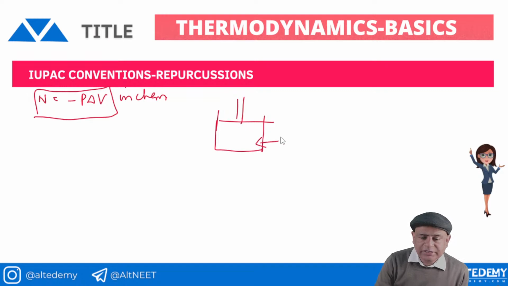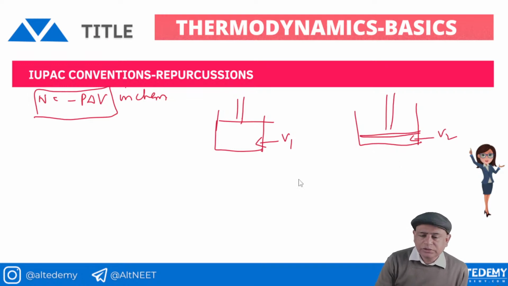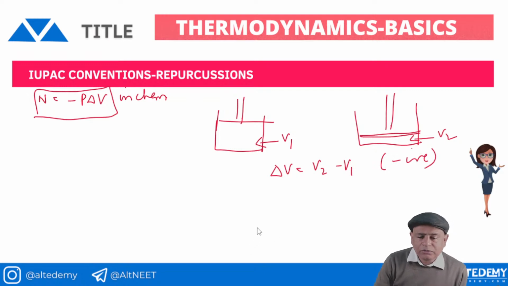Its volume is, let us suppose, V1, and you have done some work onto this system. Now the piston comes here. Now the volume becomes V2. If we try to calculate delta V, which is equal to V2 minus V1, obviously this quantity will come out negative. Don't you think? V2 minus V1 will be negative because V2 is smaller and V1 is larger.